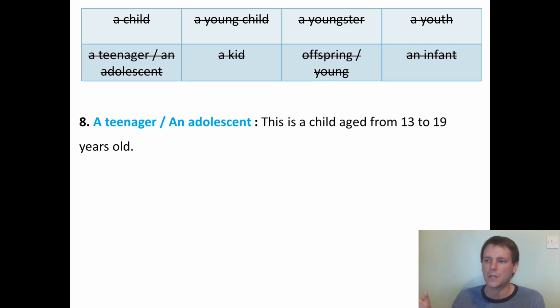Maybe you have an IELTS question which is asking about children, and in your introduction you paraphrase children with teenagers. No, teenagers means something different, a very specific kind of child, and quite an old child, really. So that can't be used.